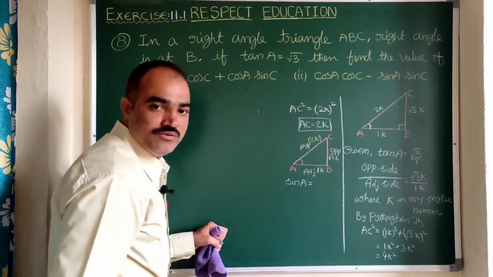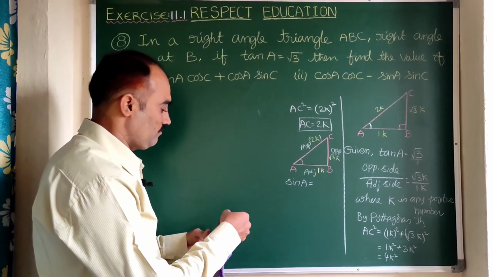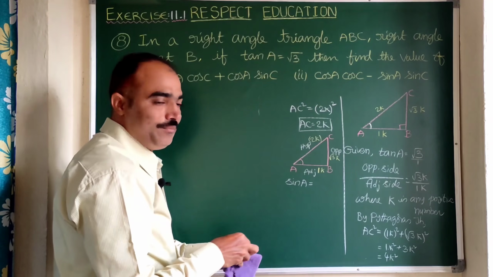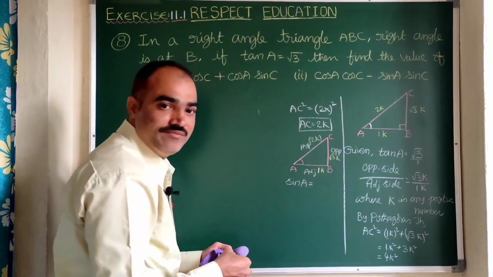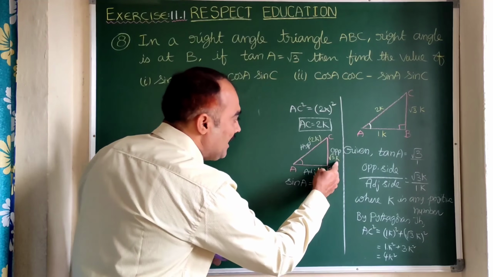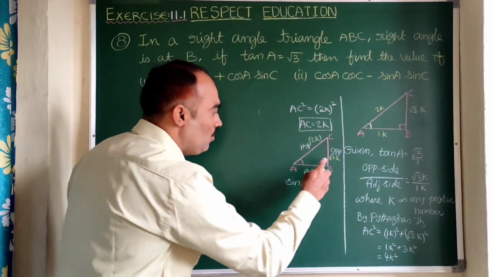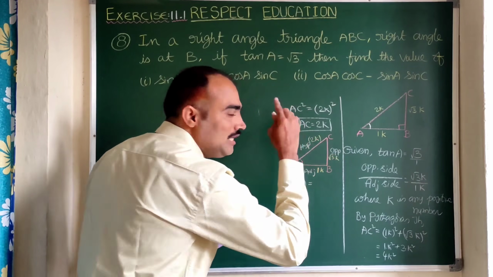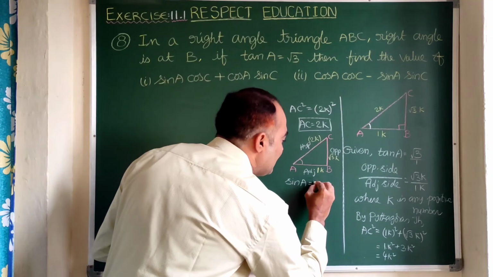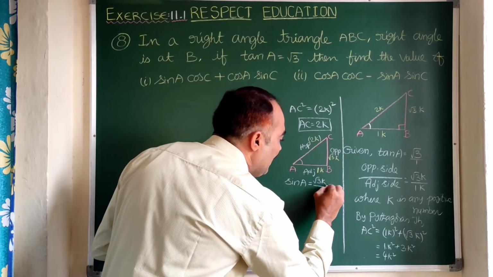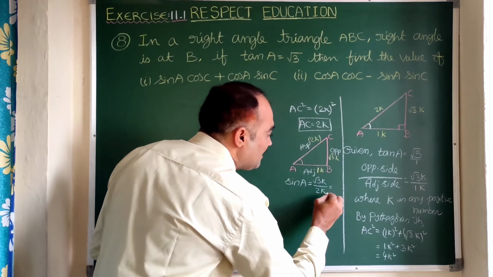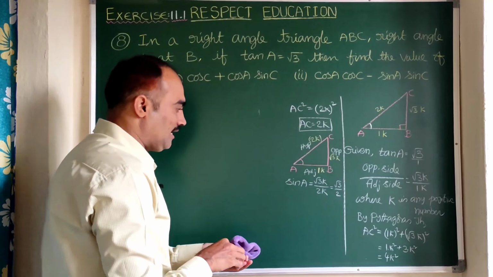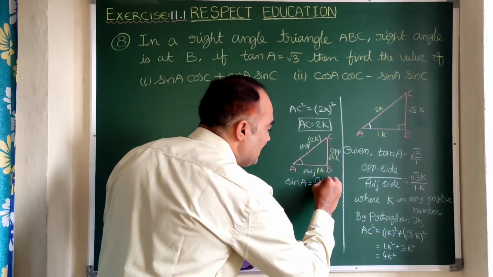Sin A is equal to opposite side to A by hypotenuse. Here the opposite side is root 3k by 2k. On cancellation of k and k, it will be root 3 by 2 finally. Is it clear? So sin A is ready.